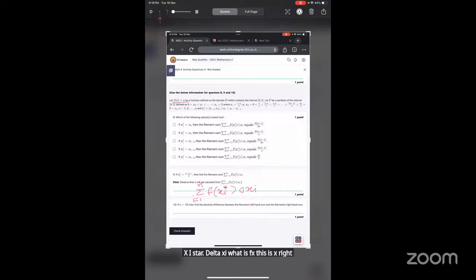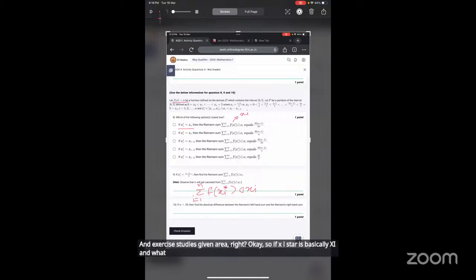That means xi star is xi given here, right? Okay, so xi star is basically xi, and what is delta xi? Basically 5 by n, right?